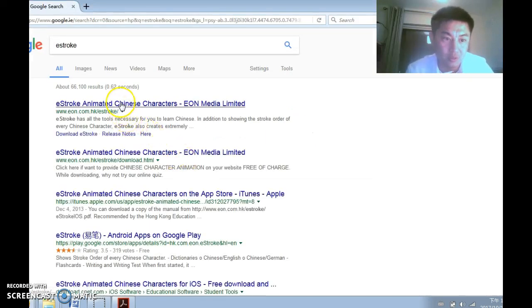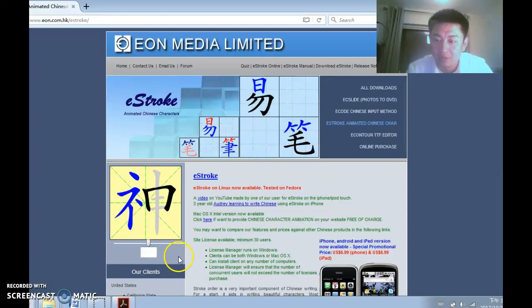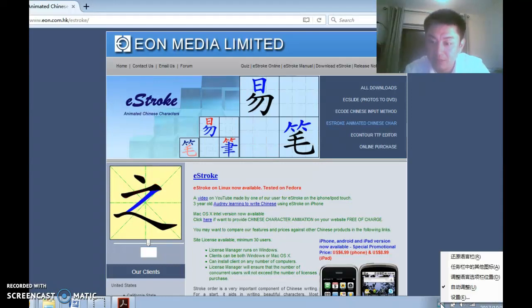Okay, and then the first one usually is the thing, right? So you type 你 in here, but how do you type it? In order to type it, you need to go to your keyboard little icon at the bottom of the screen and right click it.